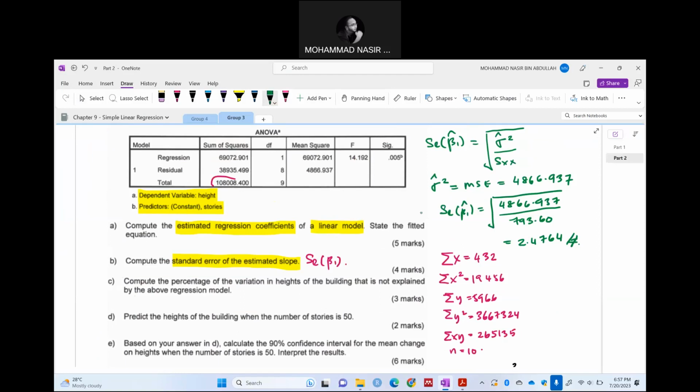Tak juga. Error tak bring forward lah. Tapi takkan you salah semua. Ya. Sama juga dengan this one, regression. Salah satu, semua salah.